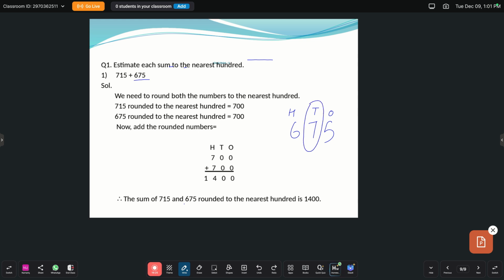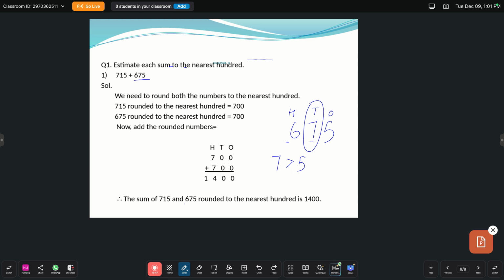We see that at tens place we have 7 and this 7 is greater than 5. So whenever the digit at tens place is 5 or more and you are asked to round the number to the nearest 100, you have to round to the next 100.